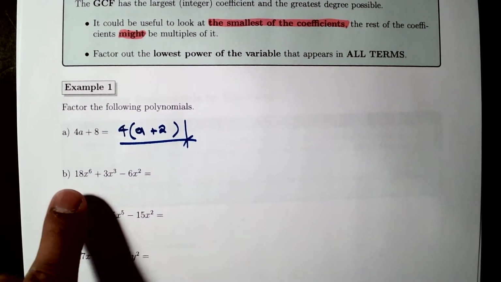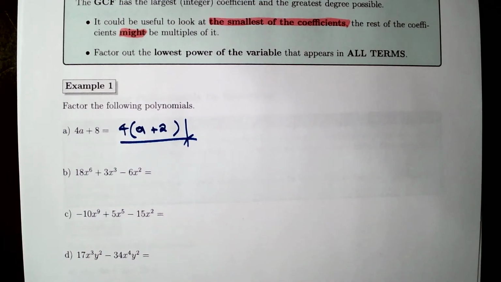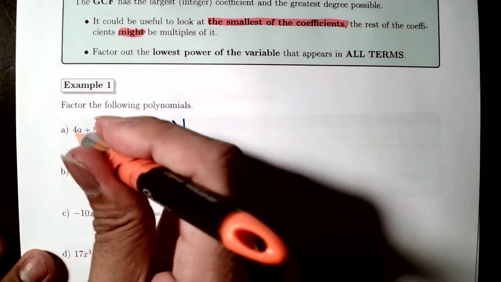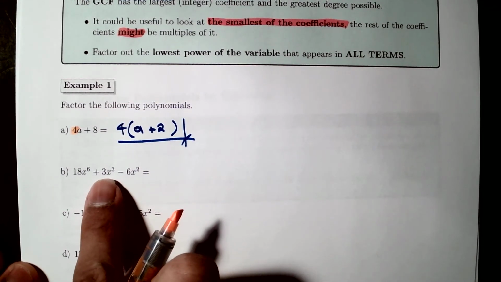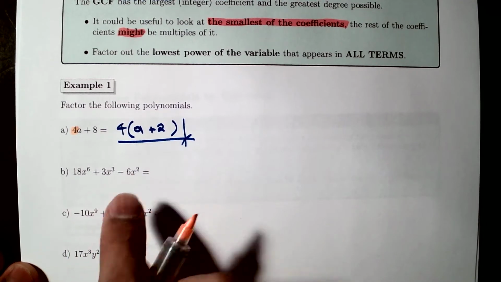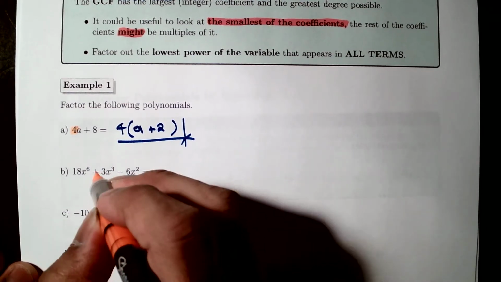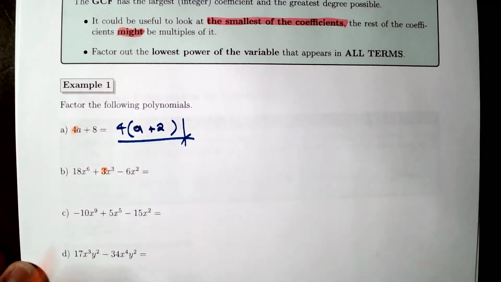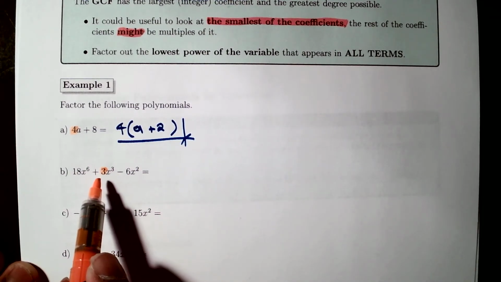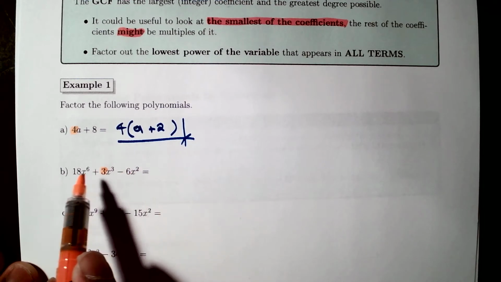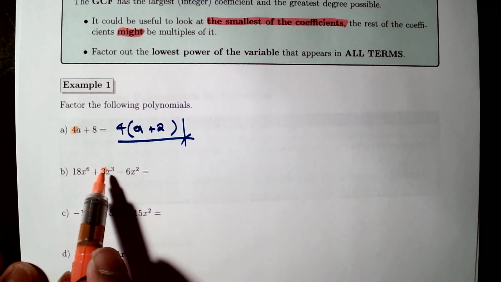Alright, for letter B, the GCF will contain both a numerical coefficient, the lowest of them, and a power of x. So let's observe the lowest coefficient, the number 3. Now let's ask ourselves, are 6 and 18 multiples of 3?